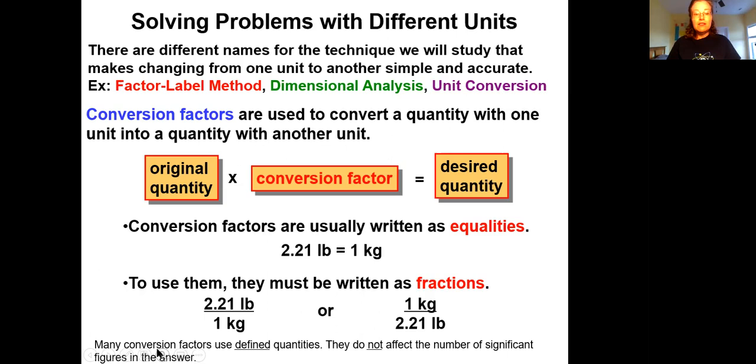And in this case, even though it's 1 kilogram, that's a 1 with an infinite number of significant figures, or zeros after it. And the 2.21 pounds, we're just going to count that as an unlimited number as well, meaning ignore these when you're trying to figure out the number of significant figures for your answer.